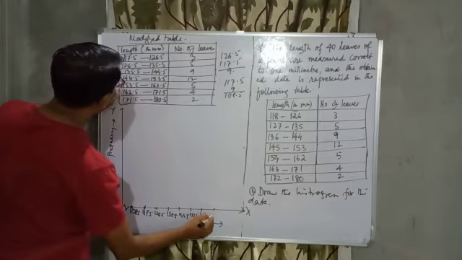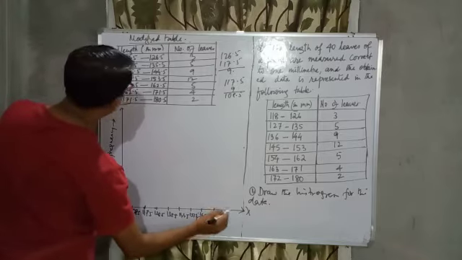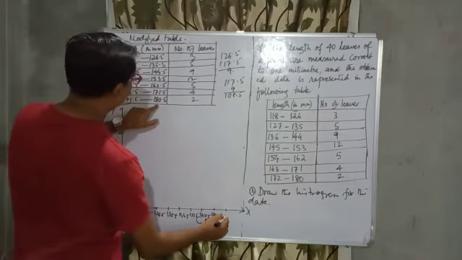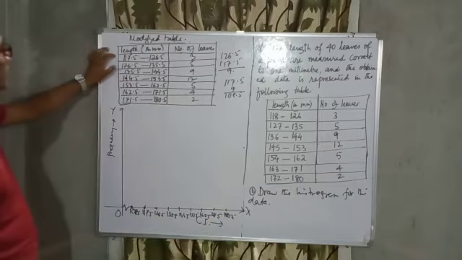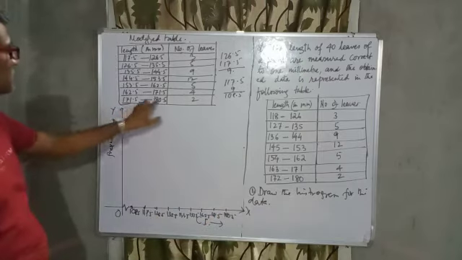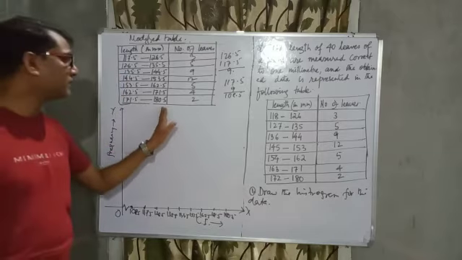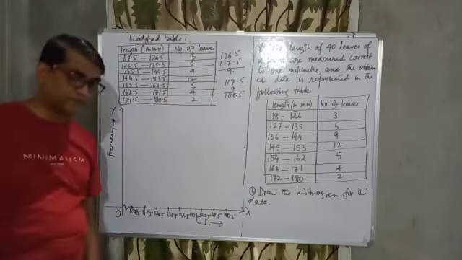Next is 171.5. And the last one is 180.5. From here to here, every point, the lower limits of each interval and the upper limit of the last interval, we have to mark.